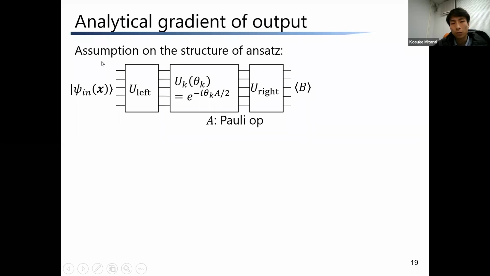So I will explain how we can get the analytical gradient of the output.